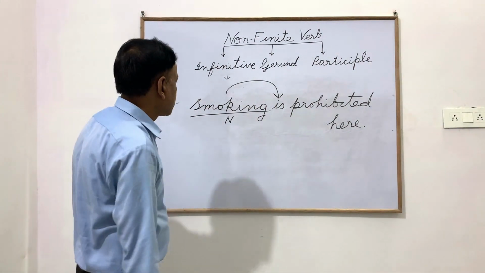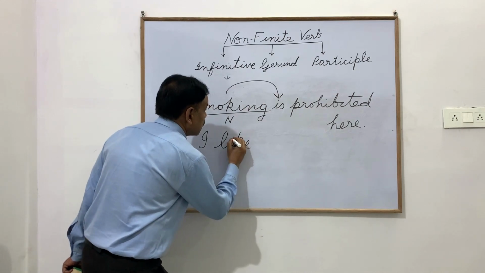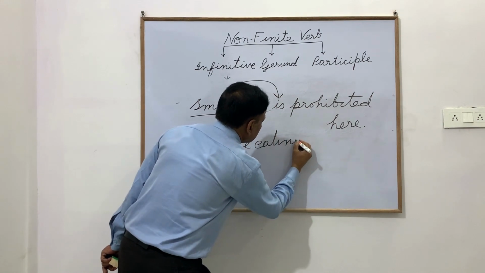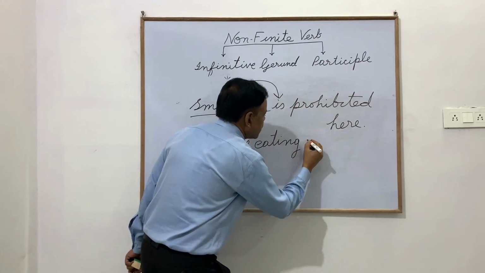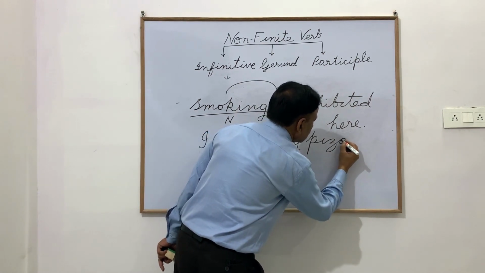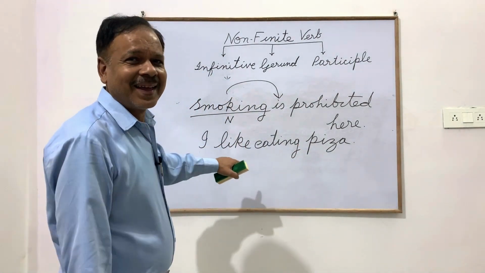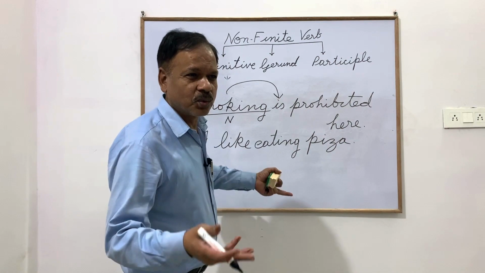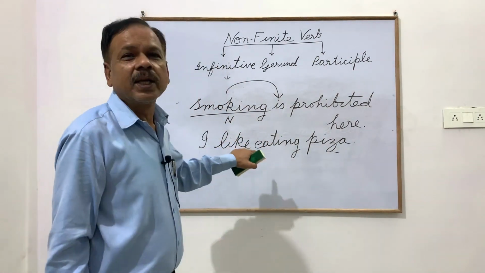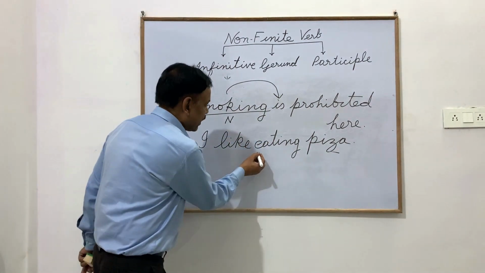Now second, suppose I say, I like eating pizza. I don't eat pizza, so there may be spelling mistakes. Getting the point? I like eating pizza. You like that. That's why I'm saying. Now here, eating.